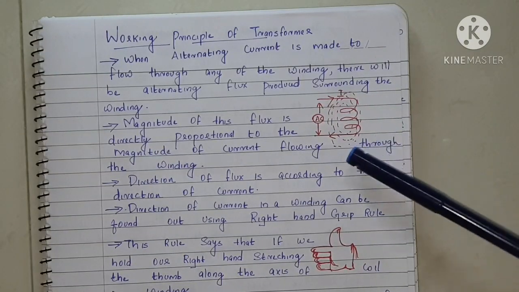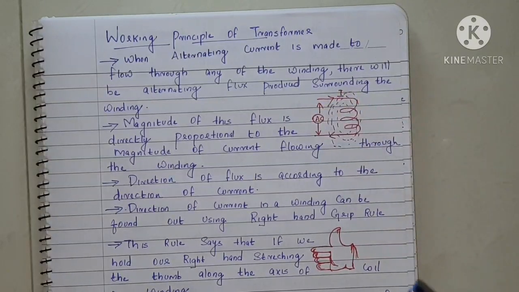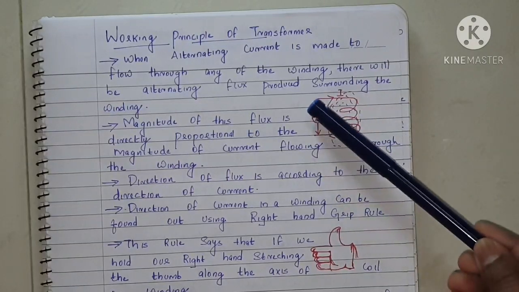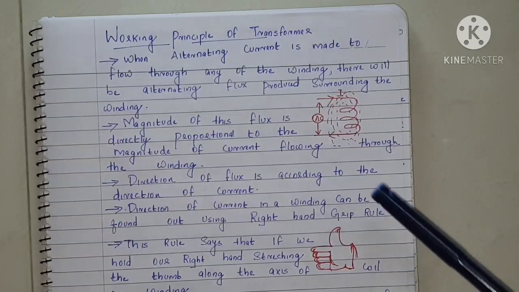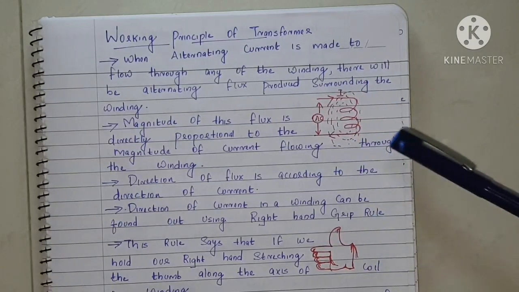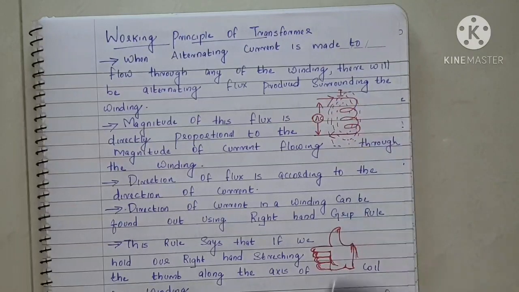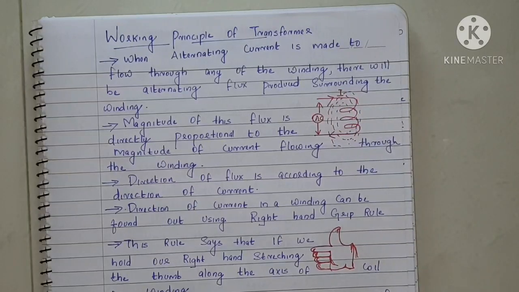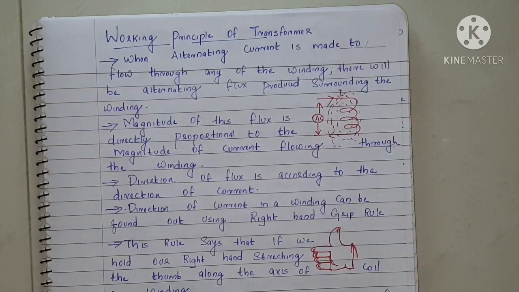When alternating current is made to flow through any winding, here I have taken a single winding, there will be an alternating flux produced surrounding the winding, and the magnitude of this flux is directly proportional to the magnitude of the current flowing through the winding.